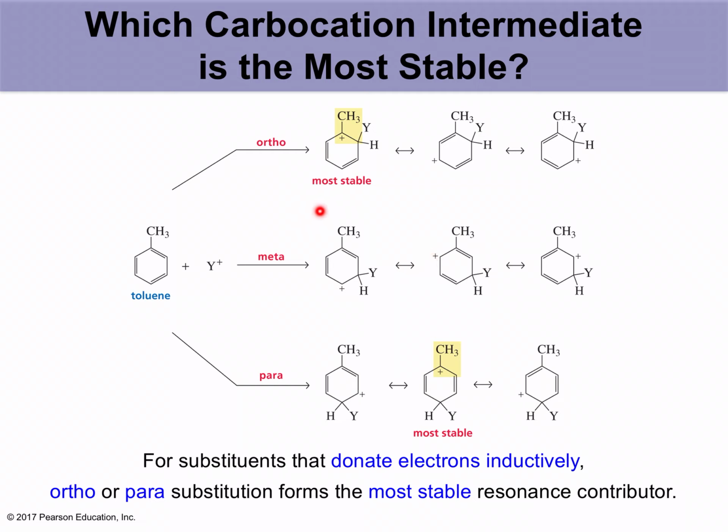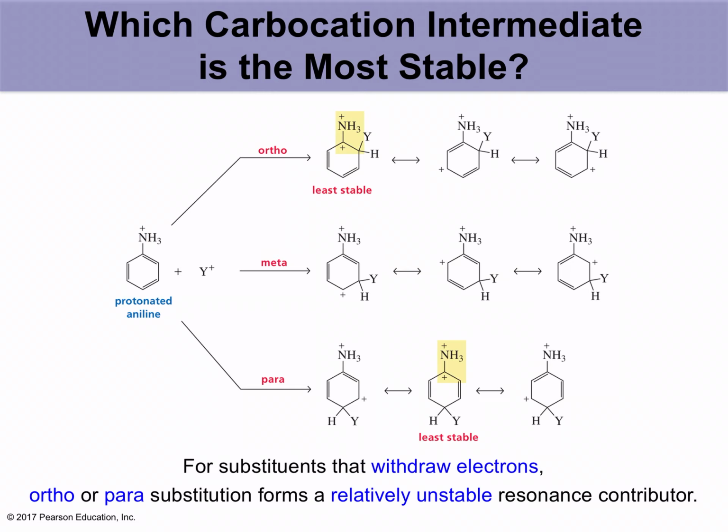In this case, ortho, meta, and para positions all will have the same number of resonance structures, but through induction, the alkyl group can give electrons to the positive charge to neutralize it, thereby making the most stable addition to either the ortho or the para position. So for substituents that donate electrons inductively, ortho-para substitution forms the most stable resonance contributor.